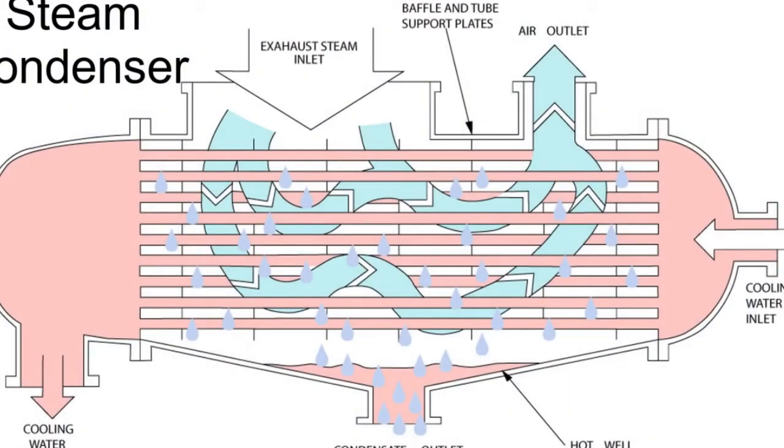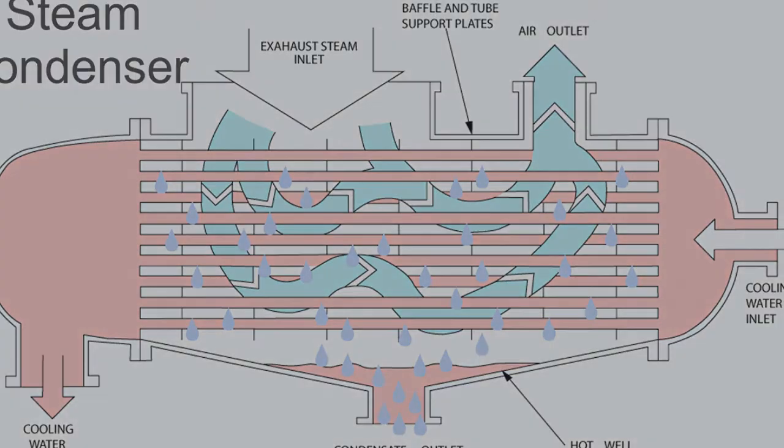That's actually quite rare though, you don't see that very often because it's not very efficient. If you ever look at steam condensers though, you will see that design, and generally whenever you convert a vapor into a liquid or whenever you're changing the state of something, you'll often use a single pass design.